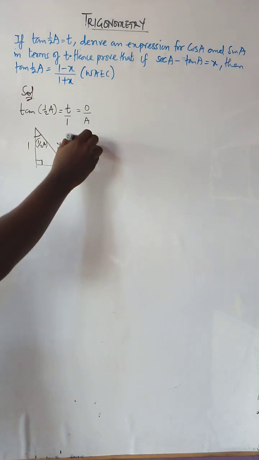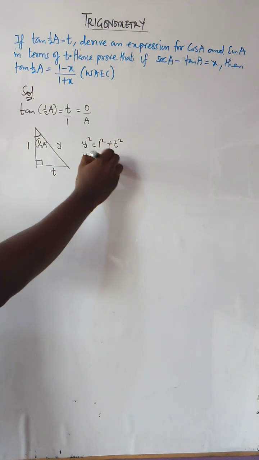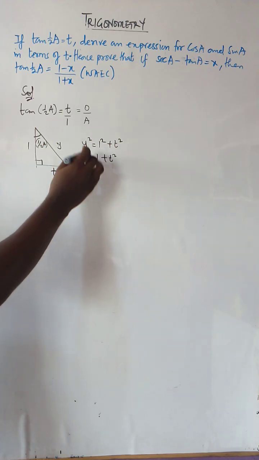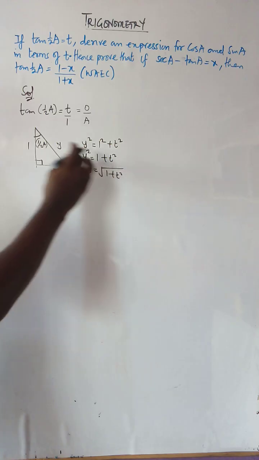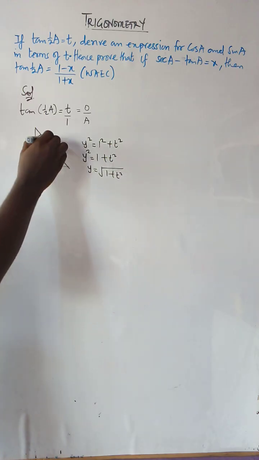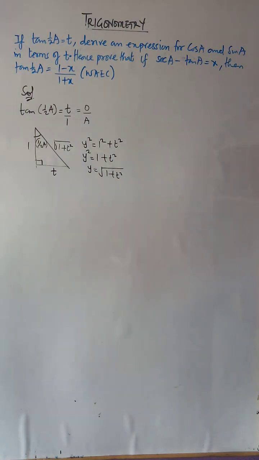So from here, y squared equals 1 squared plus t squared. So y equals the square root of 1 plus t squared. So we've gotten the hypotenuse.